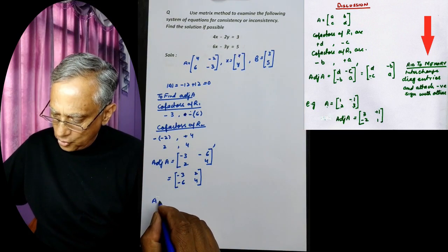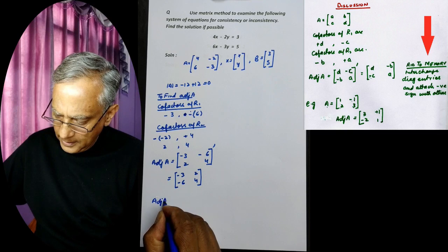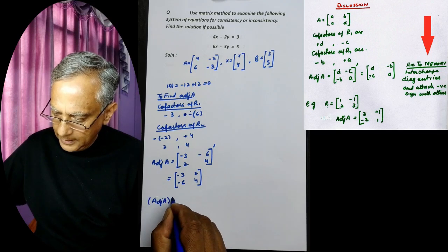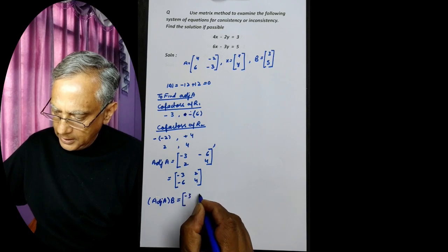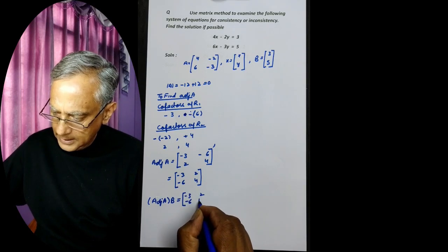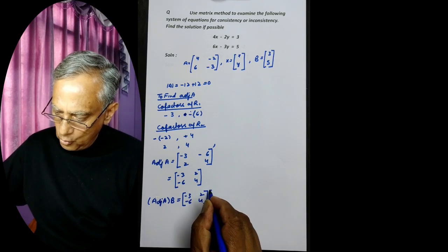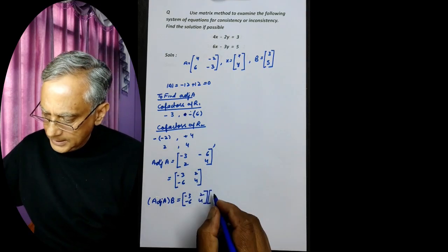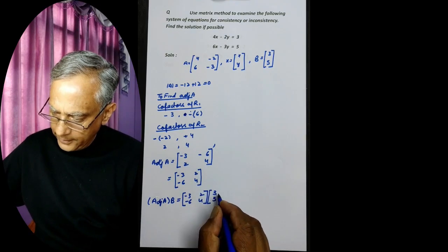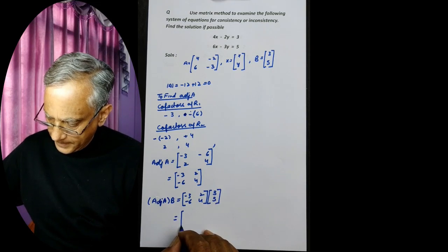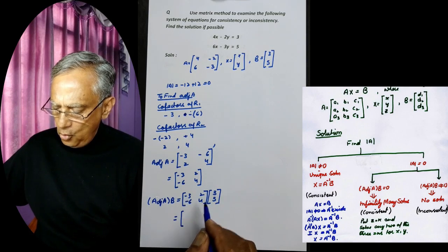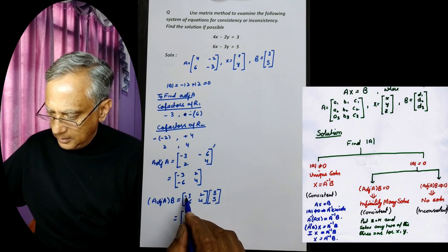And therefore adjoint of A into B is equal to minus 3, 2, minus 6, 4 into B. How much is B? B is 3, 5. So now we multiply these two matrices.